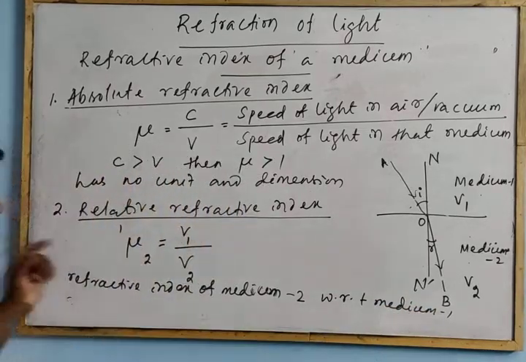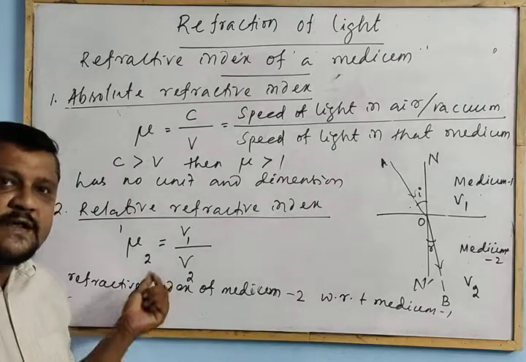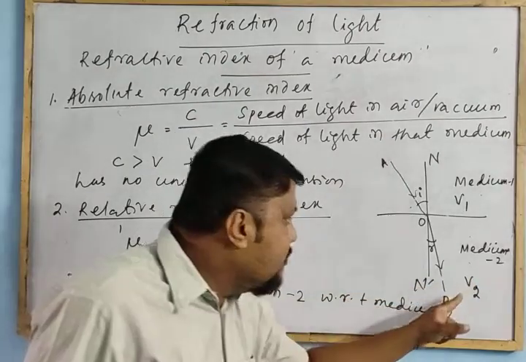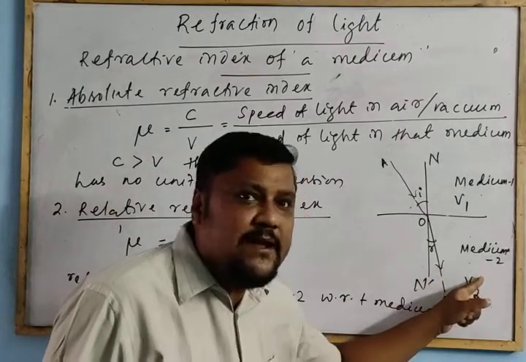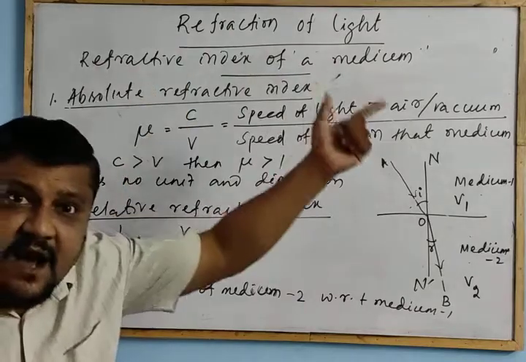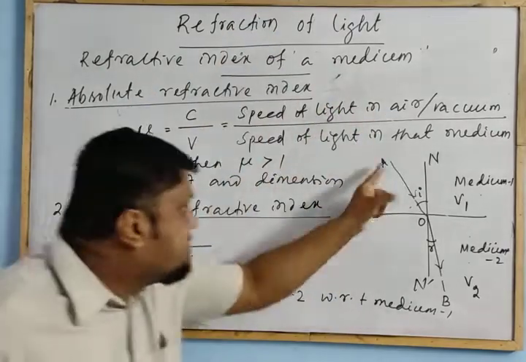How to know that? Where we will put that 2 or 1 means where the refracted ray is, in which medium. The refracted ray is in medium 2, so we will know the refractive index of 2. From where does it come? Medium 1. It comes from medium 1.